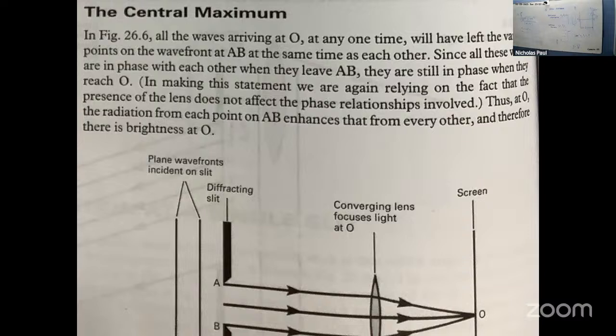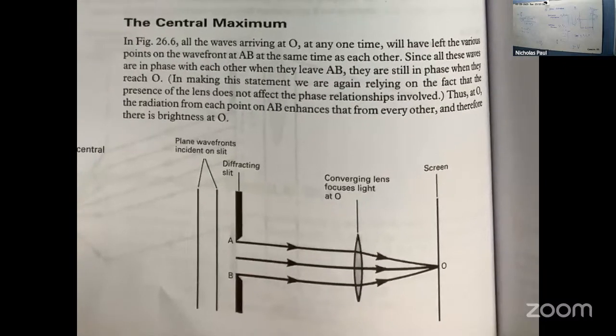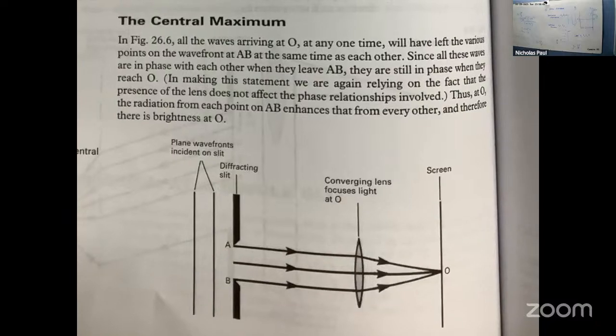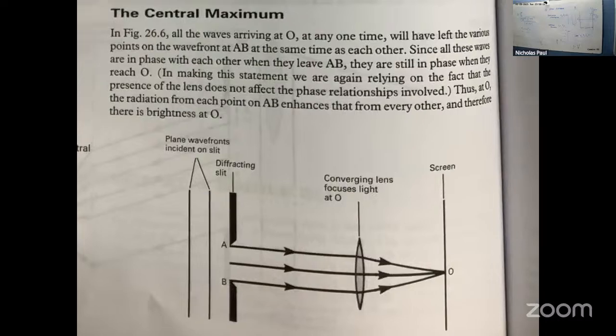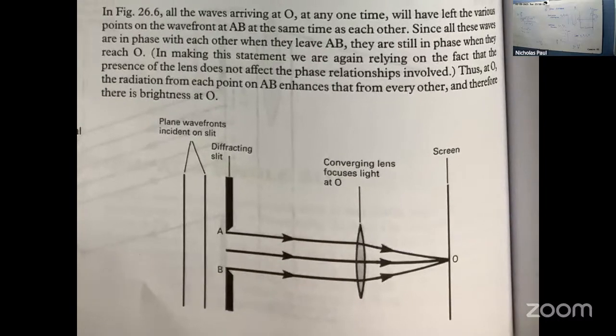In figure 26.6, all the waves arriving at O at any one point in time will have left the various points on the wavefront A, B at the same time as each other.